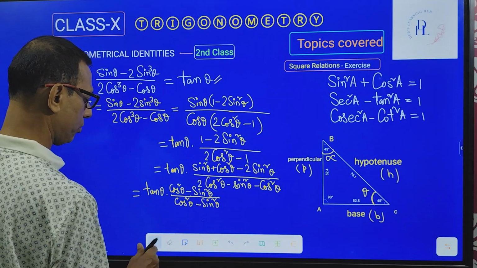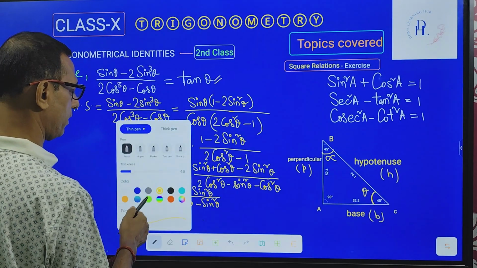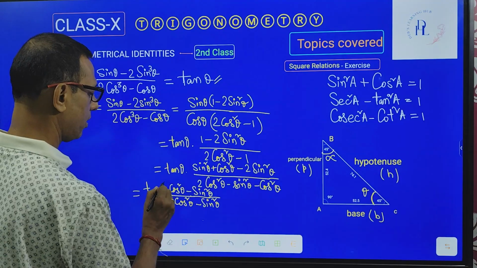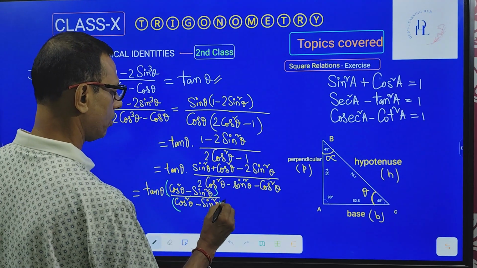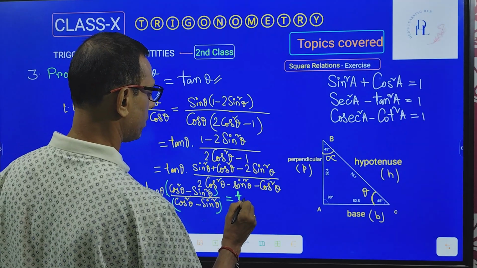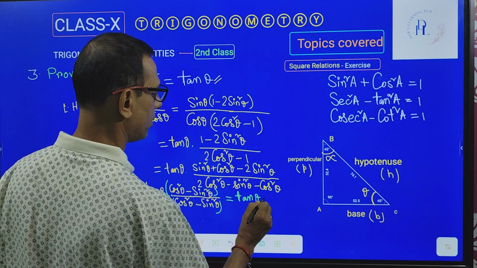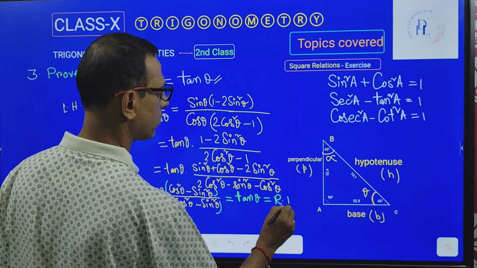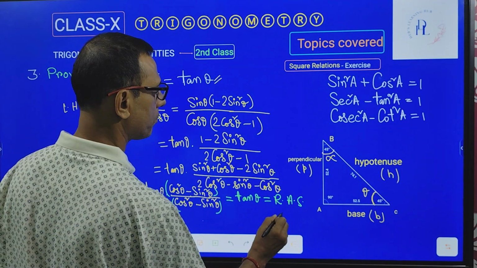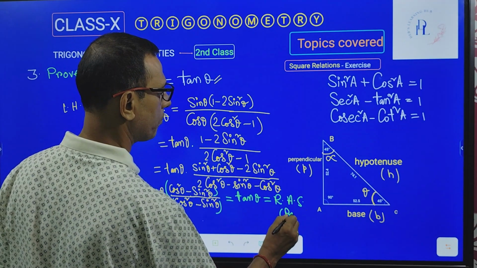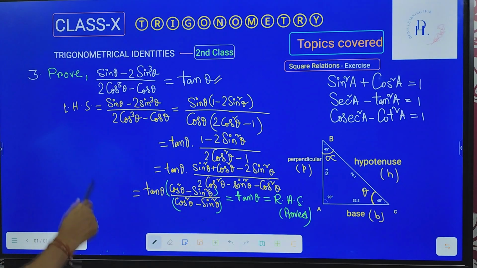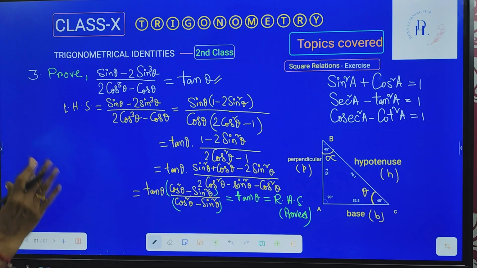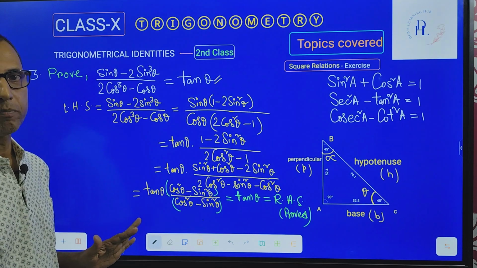So both cos square theta minus sin square theta are common, and it will be equal to tan theta, which is the right hand side. Proved. Got it? Apply your sense and then you start to solve the problem.